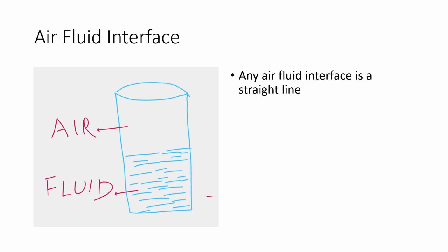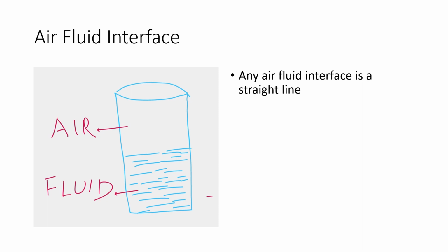In chest X-ray, the air looks dark black and the fluid looks white. So in a typical picture, we have a black area in the top, then you have a straight line, and then you have a white fluid below.